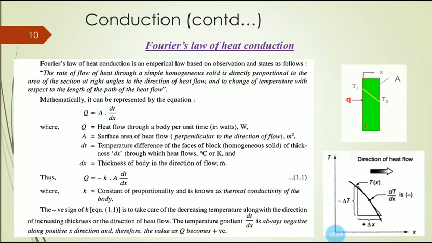Here you can see in the positive x direction the temperature gradient is negative. So that's why we have put this minus sign in Fourier's law, so that ultimately the heat flow through the body per unit time will be positive. Okay, so this is the concept behind the negative sign in case of Fourier's law of heat conduction.